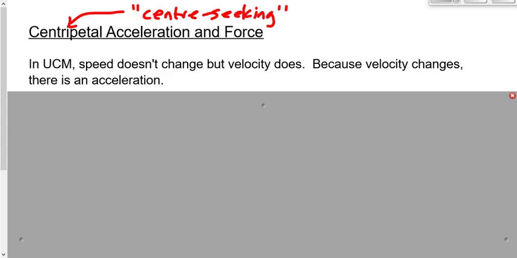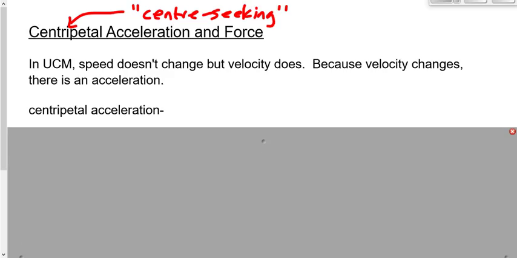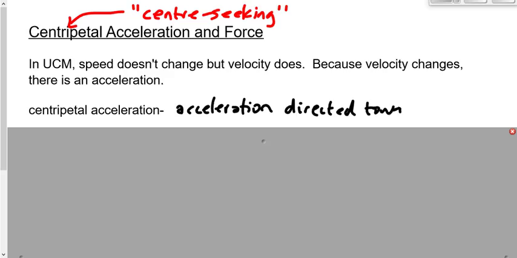I'll explain a little bit better how that can be the case in a couple of minutes. For now, we'll just say centripetal acceleration is the acceleration of the object in uniform circular motion directed toward the center of the circle.